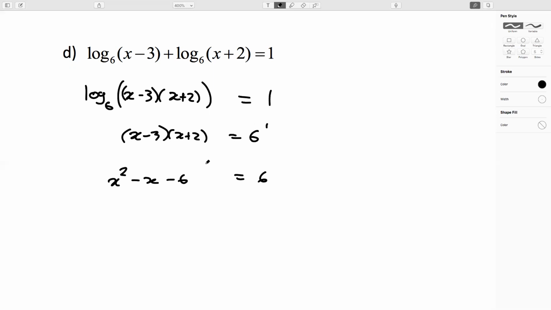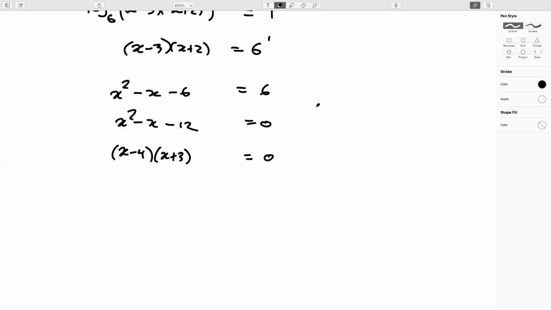Minus 6 from both sides, we'll get x squared minus x minus 12 equals 0. And now we need two numbers that add to minus 1 and multiply to minus 12, which is going to be minus 4 and plus 3. So x minus 4, x plus 3 equals 0. So if we make these brackets 0, we have two options. X is going to equal positive 4 or x is going to equal negative 3.